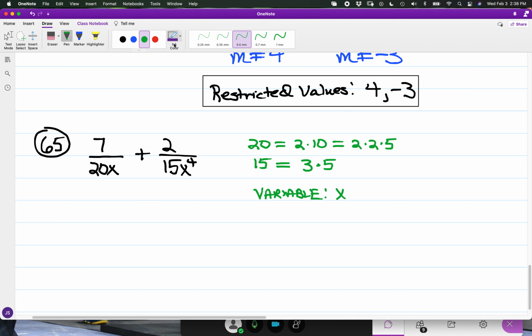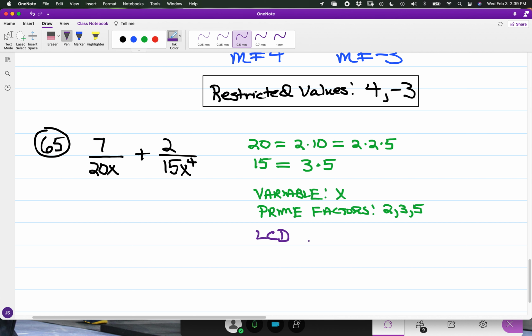Now for the least common denominator, let me mention this too. With your prime factors, we have 2, 3, and 5.